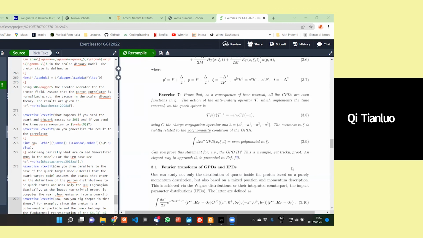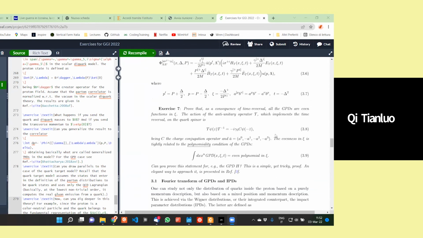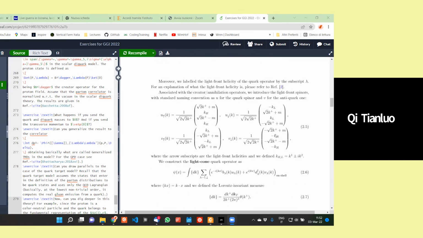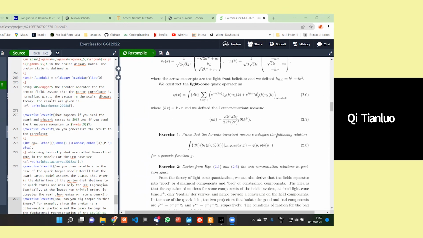When you go back to 2.5, you will say that under time reversal, for example, k plus will go to k minus. And then how do we calculate this while we are doing time reversal?